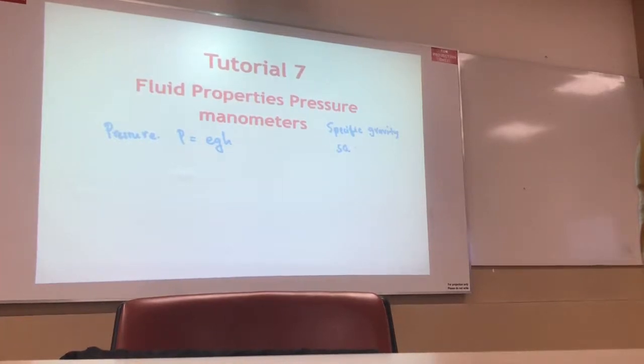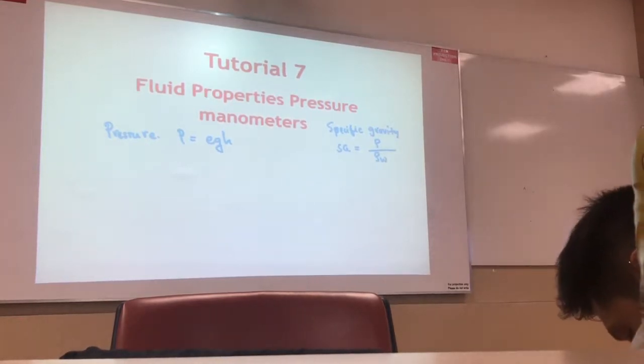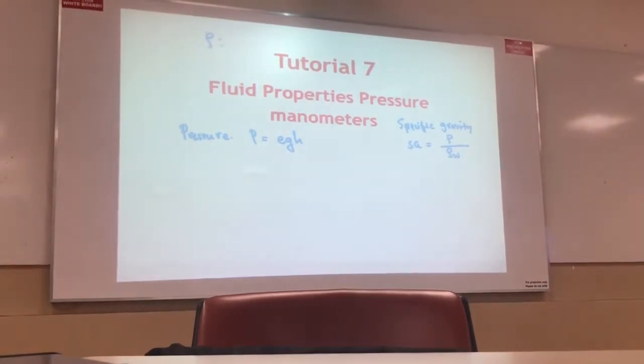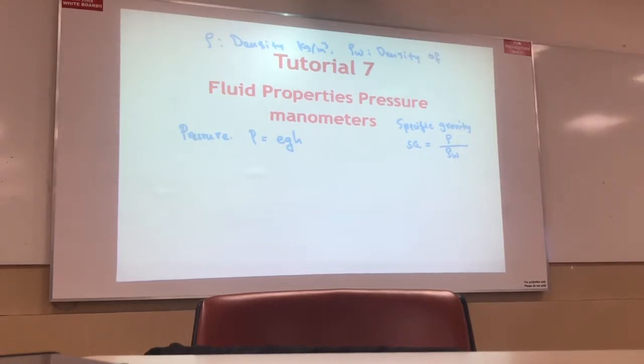Sg, which is defined as the ratio of the density of the fluid, rho, to the density of water. Rho indicates density, unit is kilogram per meter cube, and rho W indicates the density of water.